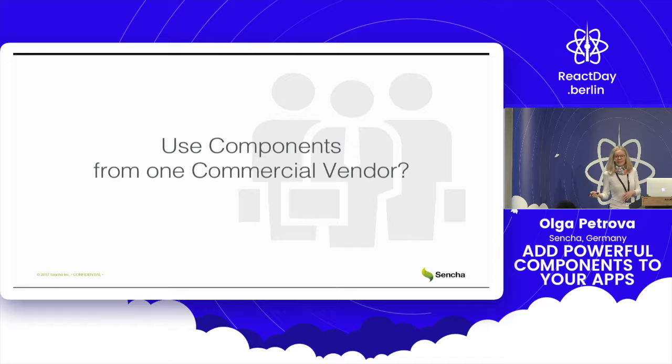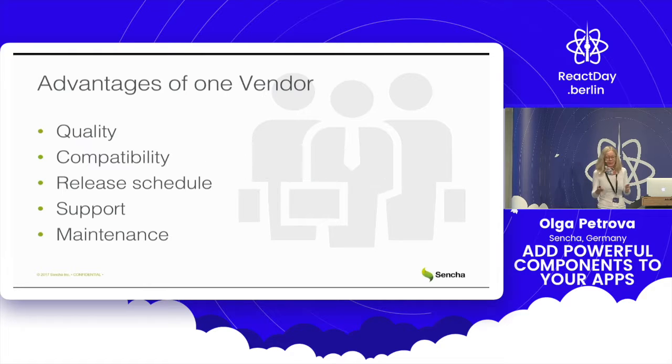Or you could go an easy way and use components from one commercial vendor. Yes, you need to pay for this, but what advantages may you get? Advantages could be quality of code. If it's a commercial vendor, then most probably they take responsibility. Compatibility would be better because components are designed to work together.